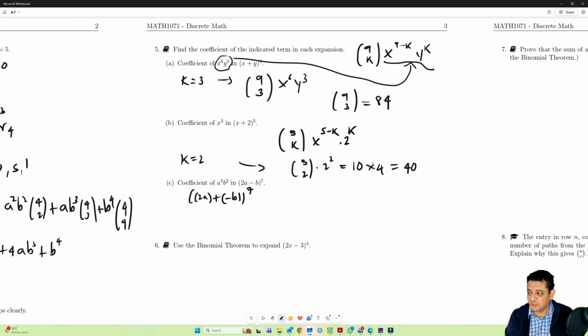And so the coefficients of this are given by 7 choose k, and then we have 2a to the power 7 minus k, and then minus b to the power k. So now we want to match this, and to match that, we need k equals 2, as you can see here from the b. Minus b squared is the same as b squared. So this implies k equals 2.